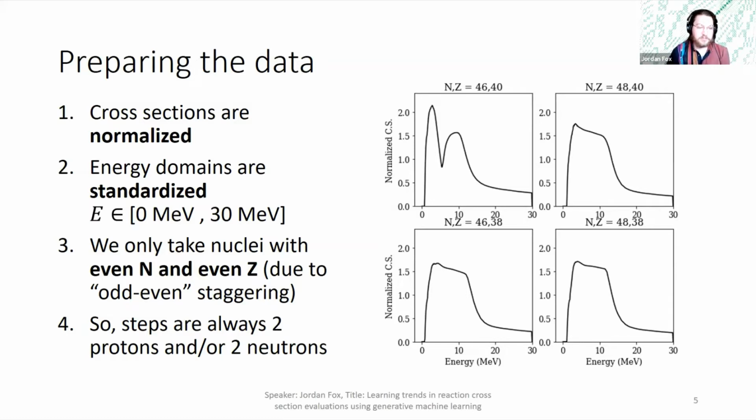So to simplify the job the machine learning model has to do, we're only looking at even nuclei right now, and then we can add in the odd later. So because we're only looking at even nuclei, the steps between nuclei on the chart, and this will be an important concept in a minute, are all either 2 protons or 2 neutrons, or a combination of those. So we're always going in steps of 2.